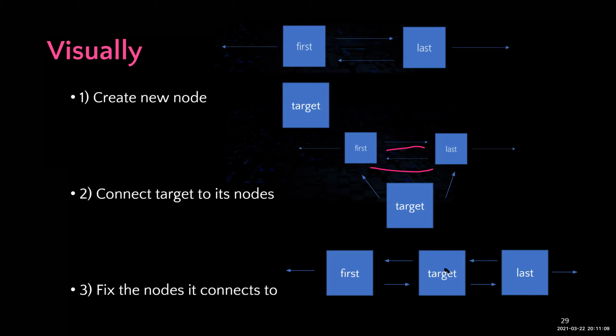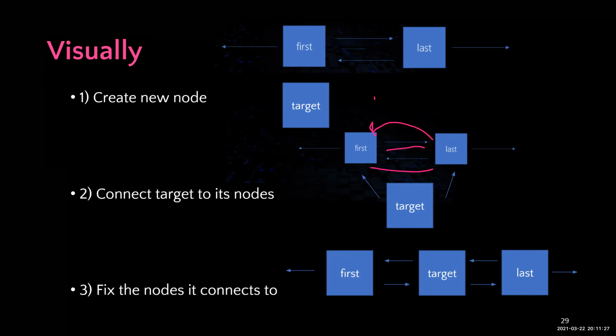All we say is, okay, the iterator we're pointing to, we passed in last as our iterator. So we're saying our iterator's previous is going to be target, and our iterator's previous is going to be first. Its next is going to be target.